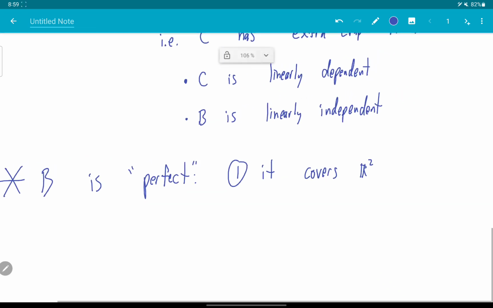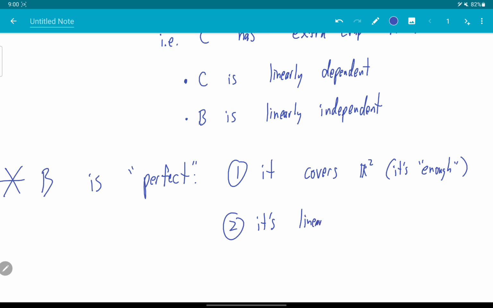It covers R2. You know, we'd say it's enough. 2. It's linearly independent. There's no extra crap.